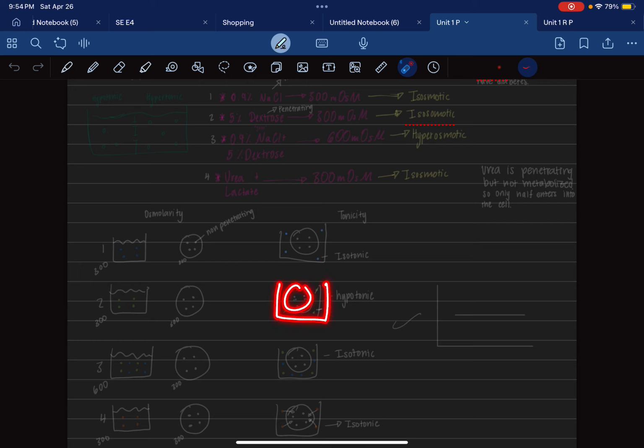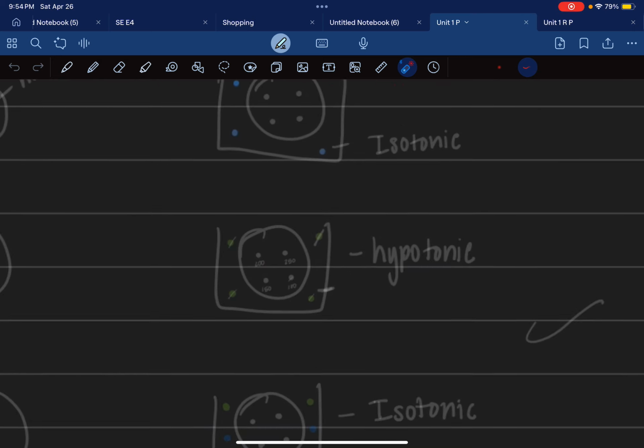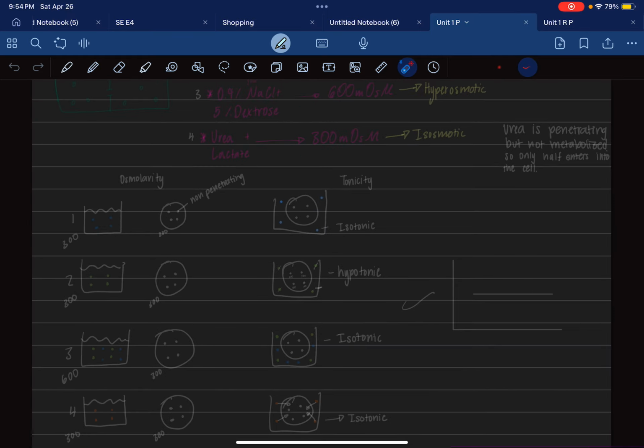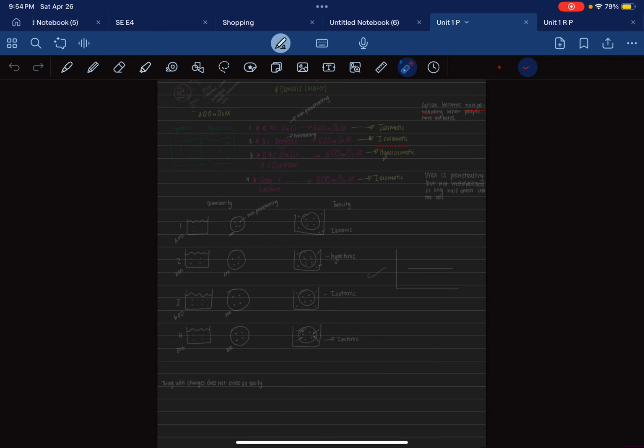And then when we put it in here, the dextrose dissolves, so there's more saline on the inside, so it becomes hypotonic because there's less outside. And so that's basically what it is.